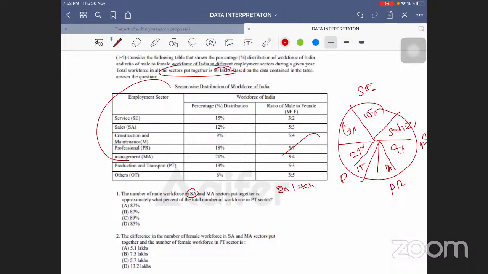Okay, the second condition is the number of female and male workforce. For the number of male workforce, SA and MA: SA is 12%, MA is management, that one is 21%. So SA 12% plus MA 21%.